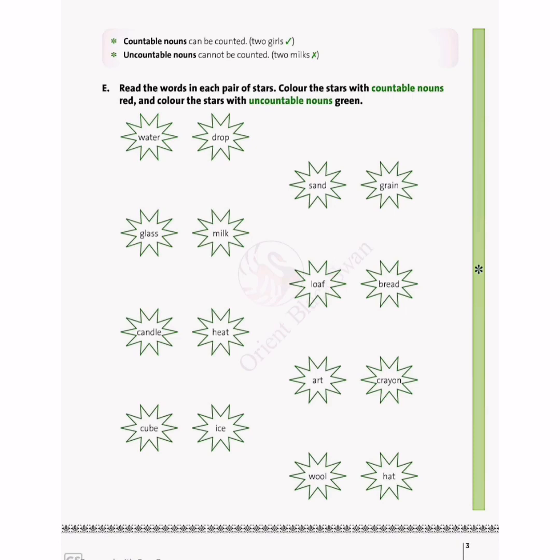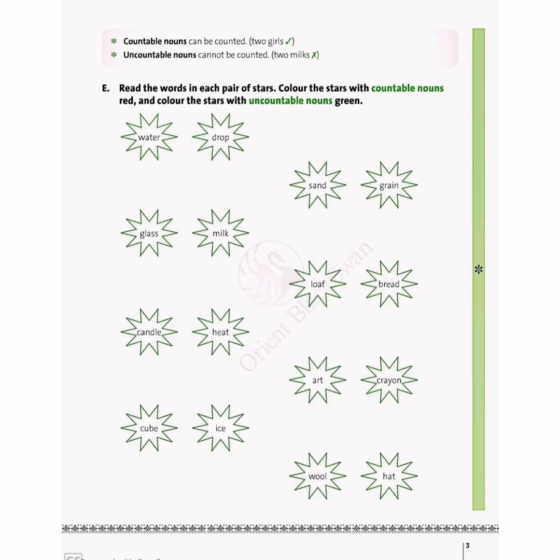Children, we cannot count bread. So we will color this with green because this is an uncountable noun. Next is art. We cannot count art because this is an uncountable noun and we will color this with green. Next is crayon. We can count crayon and that is a countable noun, so we will color this with red.